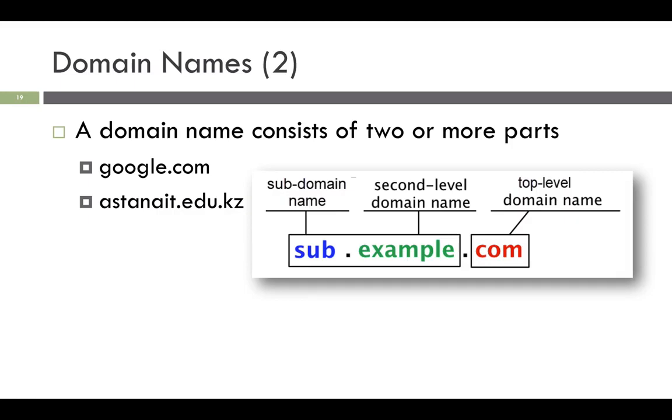Every domain name can contain subdomain names. A domain name tells the user and the system the order and hierarchy of the network's domain. Using astana.it.edu.kz as an example, we know that the astana.it subdomain is part of the edu.kz domain.